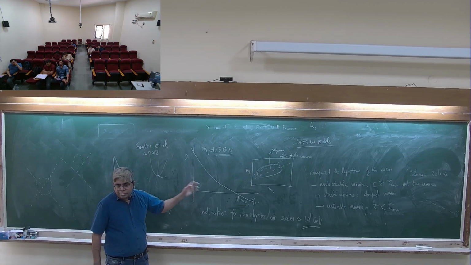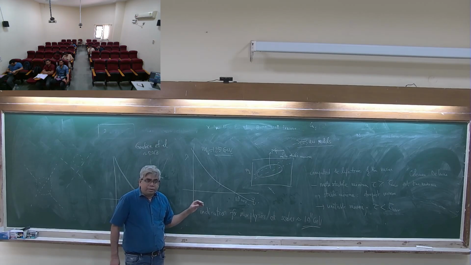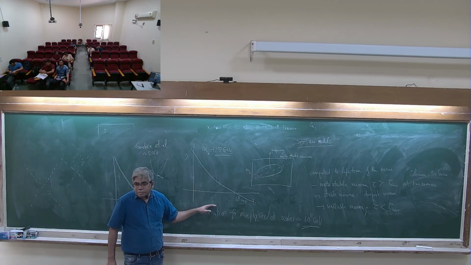I won't discuss this, but this is one kind of physics beyond the standard model which you can work with if you are interested, without having any new physics, and which is not the approach of effective field theories.